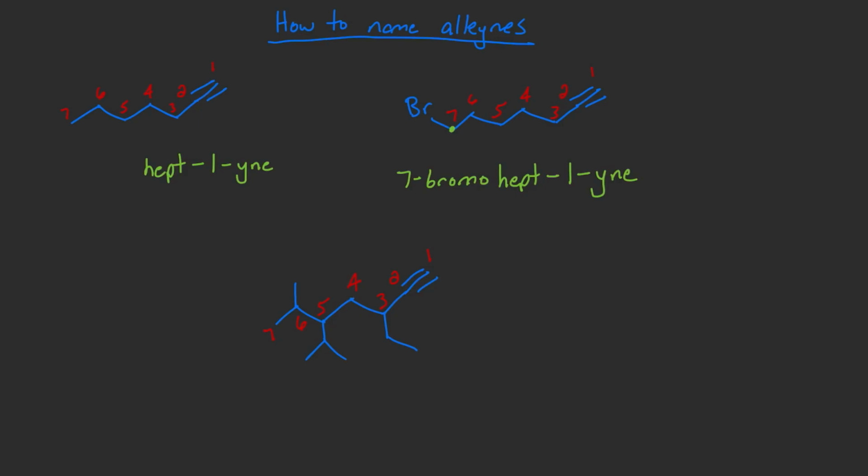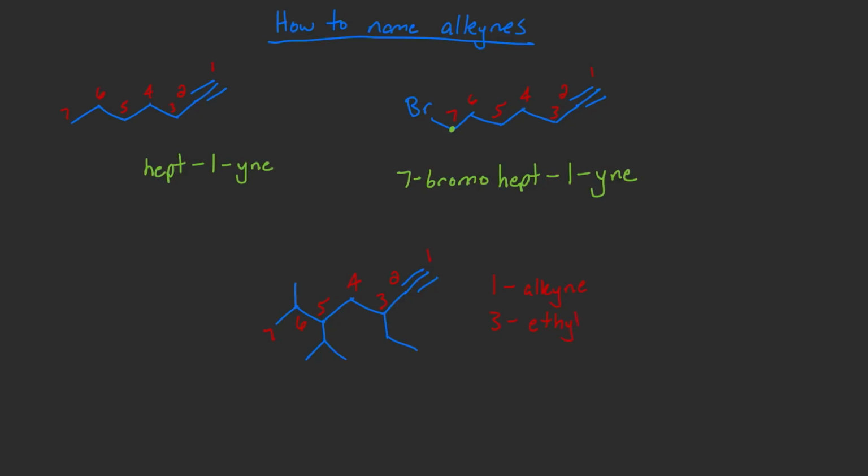Okay, so if we write out what substituents we have, I'm just going to make a list of our substituents so that we can keep track. So at carbon 1, we have an alkyne. At carbon 3, we see we have 2 carbons coming off of that. That is our ethyl group.